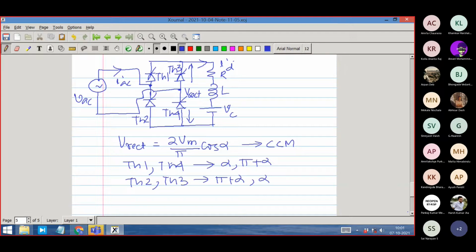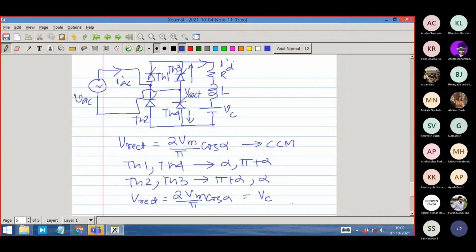By this time we have learned how to analyze a converter. This is the voltage you are producing after switching across the load terminal, and that must be equal to the load side voltage. If I take the other way of calculating V rect, one way is this, 2 Vm by pi cos alpha, and the other way is that it must be equal to Vc.